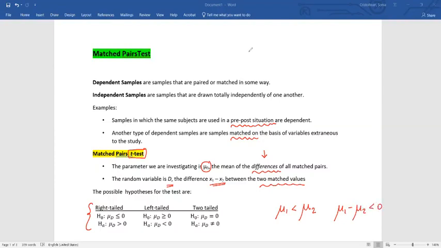In order to understand what we are doing here, it's really important to see that this is the difference. And what we are using for the difference when the pairs are matched, and we're doing a matched pair test, is mu d. This is the notation, mu d less than 0. So that will be equivalent to a left-tailed test. I just want to make sure you understand where this mu d is coming from. It is from the difference of all matched pairs.